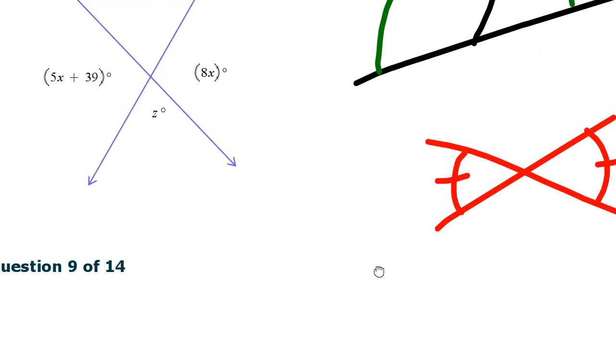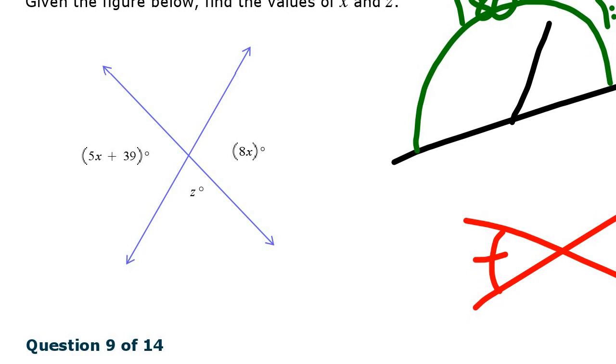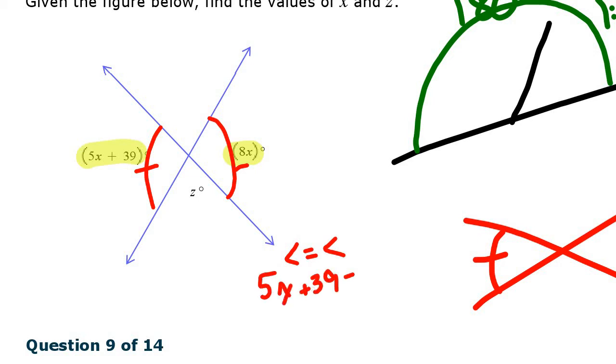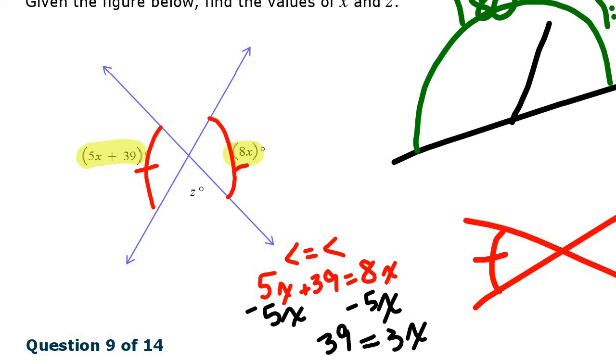So looking here, we take a look at our variables. Those are the matching variables. So you ask yourself when you sweep them, what's the relationship? And this is vertical angles. So that means we're using an angle equals angle. And we discover x has to be 13.